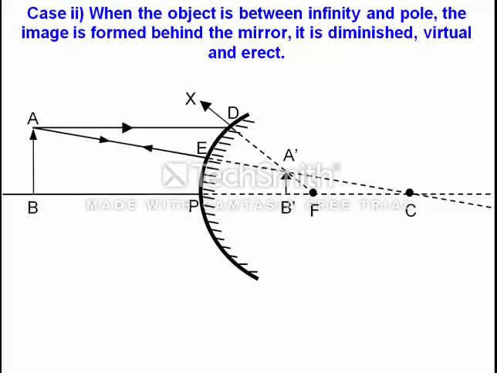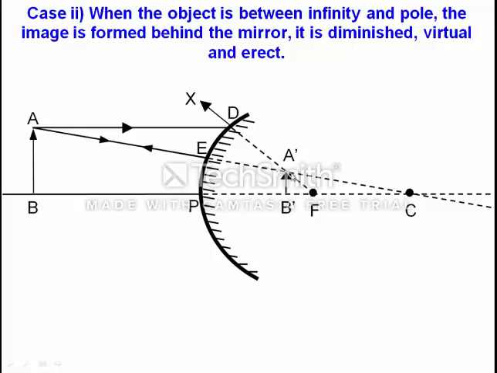So suppose in all the three cases you are getting virtual image, because you have studied that concave mirror can give virtual image, convex mirror always gives virtual image, and plane mirror always gives virtual image. So place an object, and now you see the image.